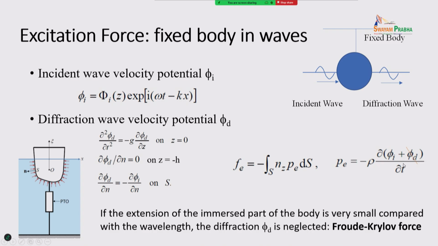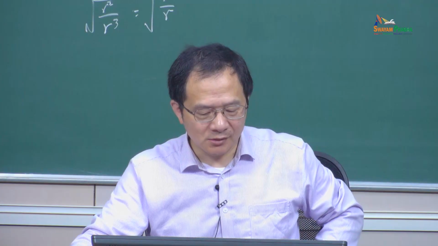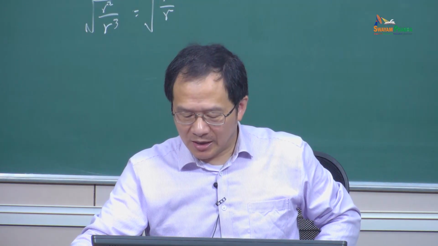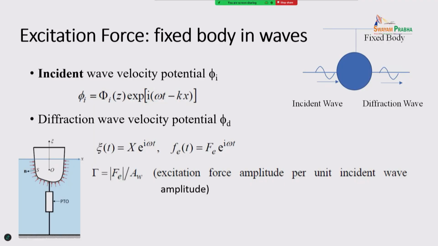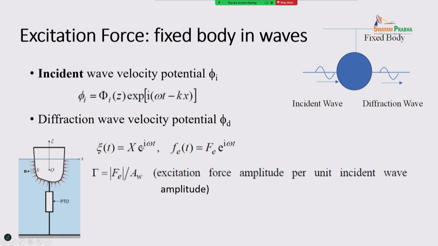You just think: the wave comes in, and this is how much excitation there is. You ignore the diffraction term, and that is a force we can calculate relatively easily. Let us say the wave amplitude is x e^(iωt), with a cosine plus i sine term, a real part and an imaginary part.